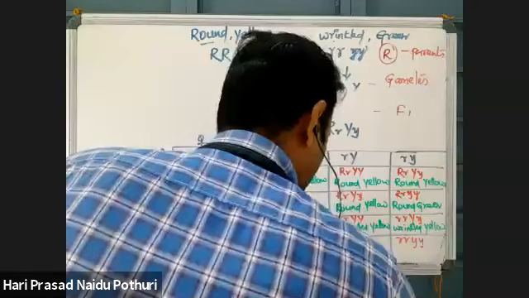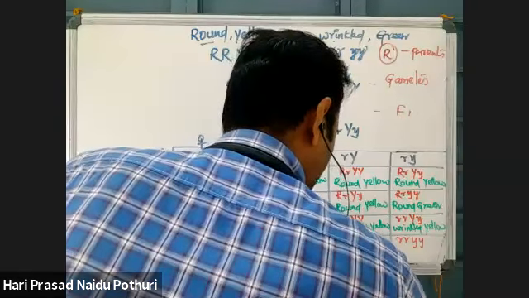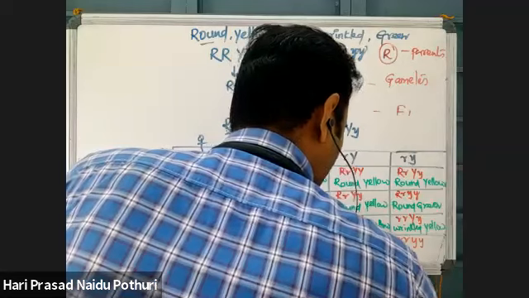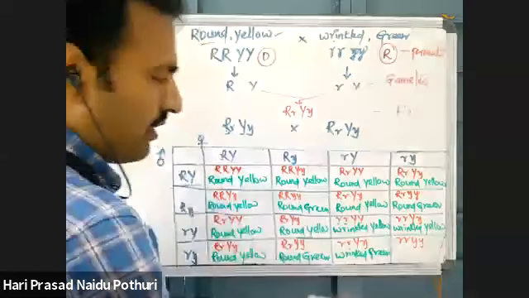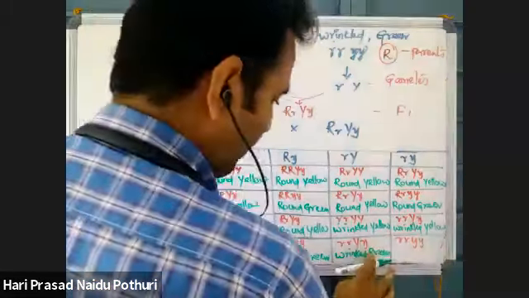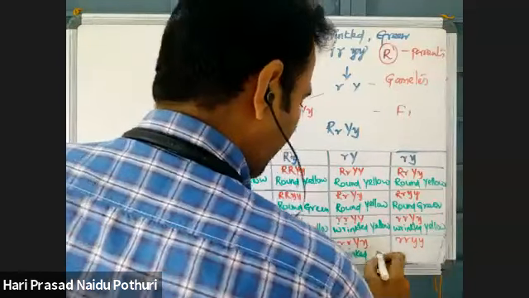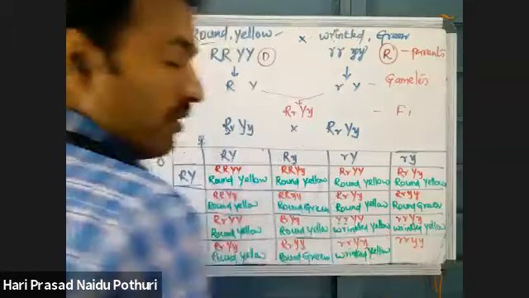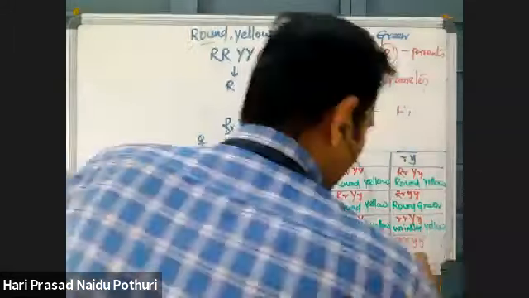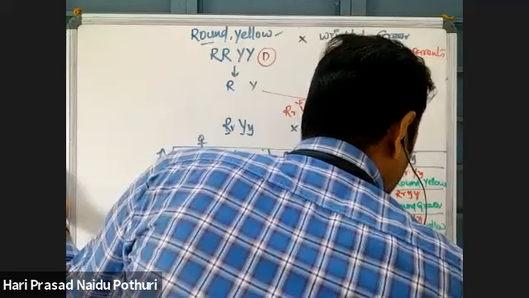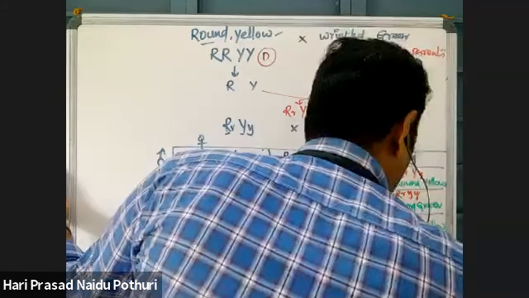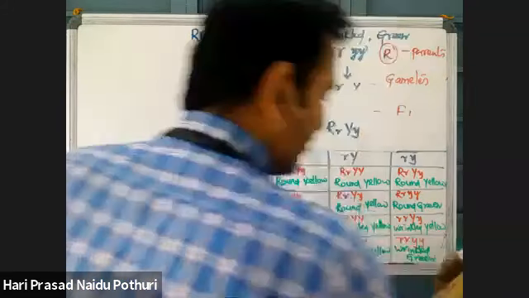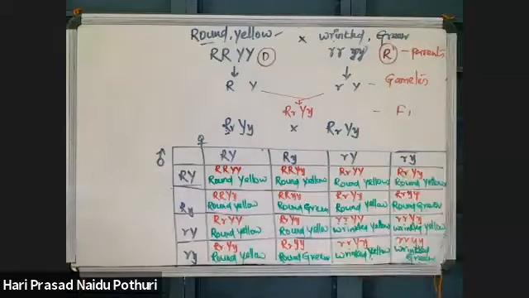This one wrinkled yellow, because the dominant color is there. Dominant means wrinkled yellow. Last one, wrinkled and green, because both are recessive. These characters will come. Understand?